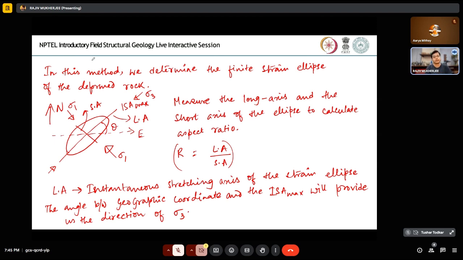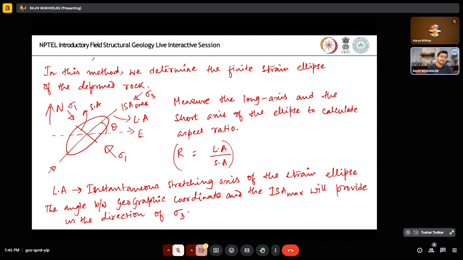We are not also considering the shortening or stretching of these individual markers, but we are considering the markers as a whole, and the entire assumption, the entire process of strain calculation or strain estimation rather, is based on the fact that we are considering them as rigid objects embedded within a flowing matrix. That means there is a competency contrast between the strain marker and the surrounding matrix.